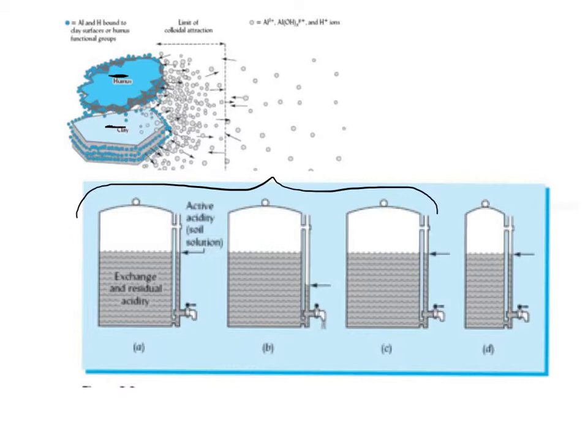This soil has a large amount of exchange and residual acidity. So this particular soil probably has a very high CEC, and there's a lot of acidic cations on that, and there's quite a few acidic cations on the exchangeable part of the CEC.